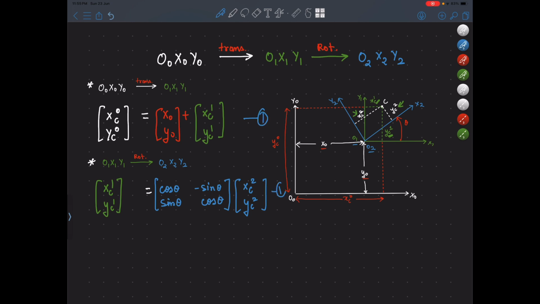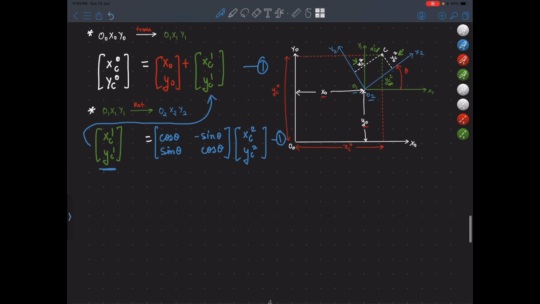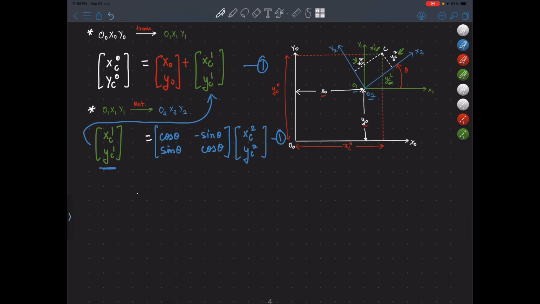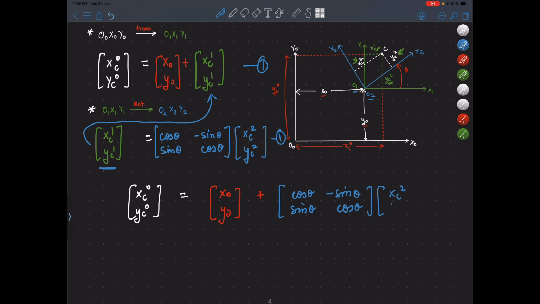Now let's put x1 y1 here. Okay, so what we'll get is xc naught yc naught is equal to x naught y naught plus the matrix cos theta, minus sine theta, cos theta multiplied by xc2 yc2.